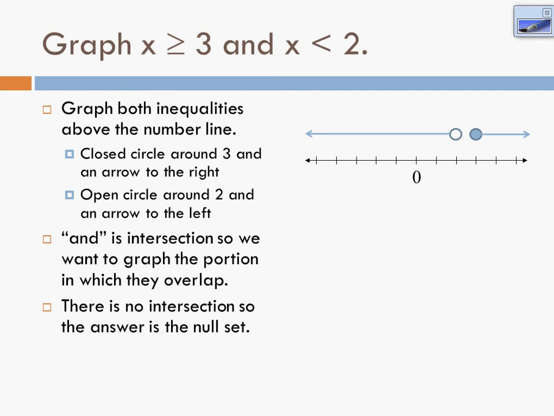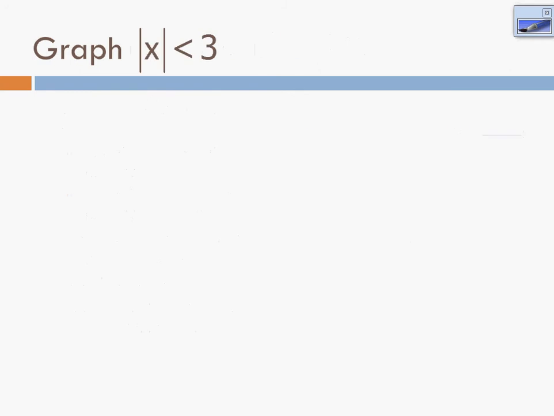So we'll put no solution, empty set, or null set. Nothing makes both of those true. So going back to the original, there is no number that is both greater than or equal to 3 and less than 2, which I think is probably obvious to us, that a number can't be greater than 3 and less than 2 at the same time.